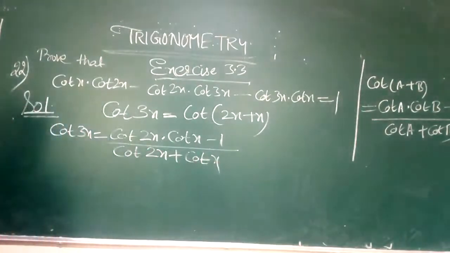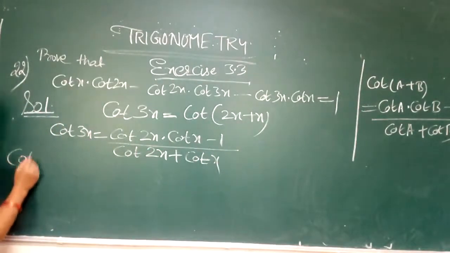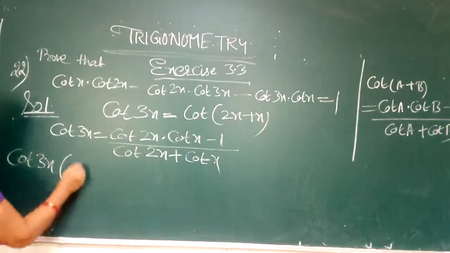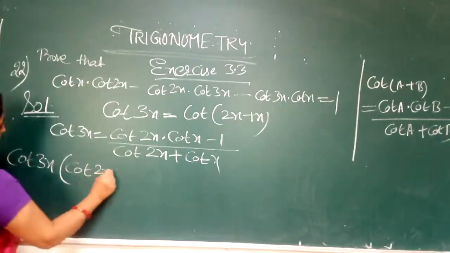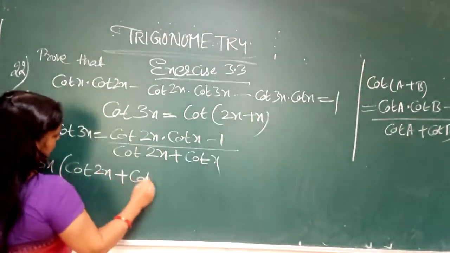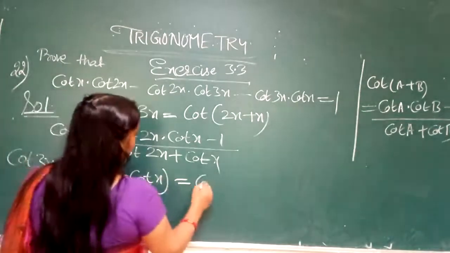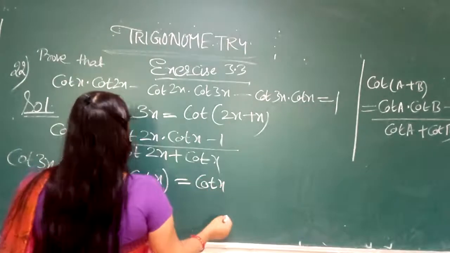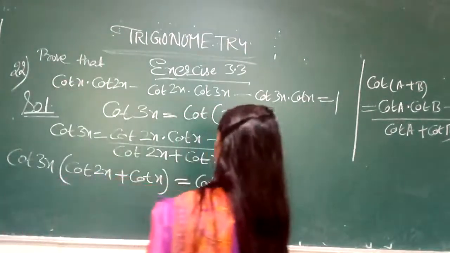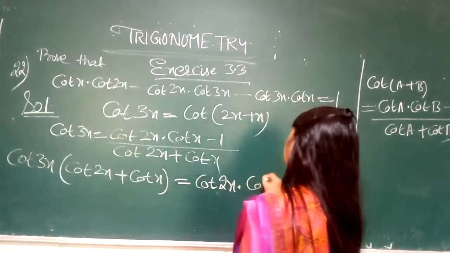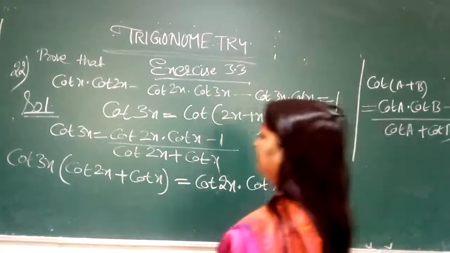After that we will cross multiply: cot 3x into (cot 2x plus cot x) is equal to cot x cot 2x minus 1.